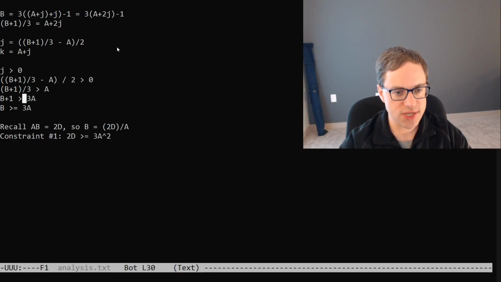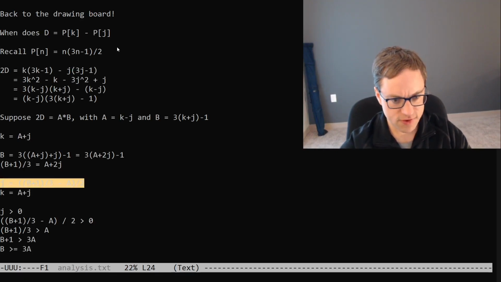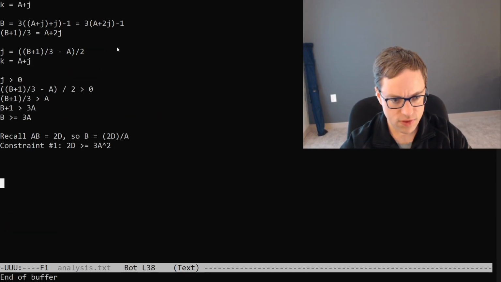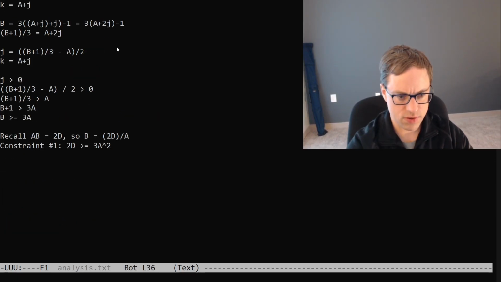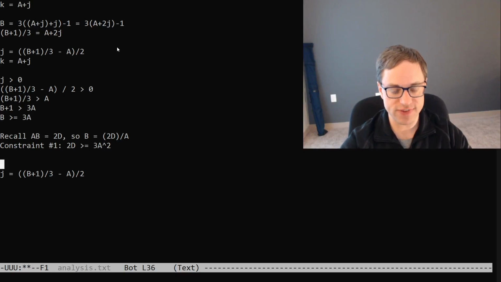Let's go back up here and grab this. Yeah, so in order for this value j to be an integer, first of all, we have to have b plus 1 divisible by 3.